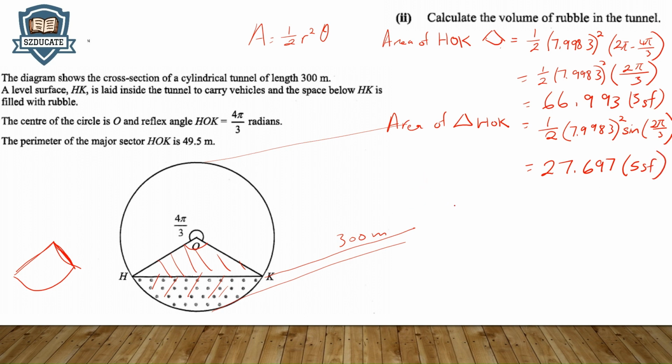To satisfy them, I need to find the cross-sectional area of the rubble. Cross-section area of rubble. It pays off to be more systematic in your working. Not only will the examiner have an easier time to mark your work, you will also have an easier time to check your work.